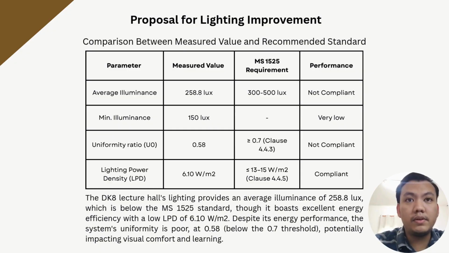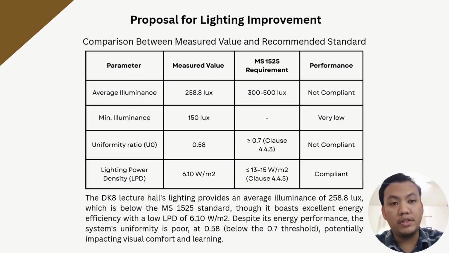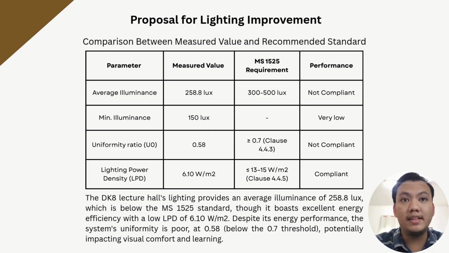Next, based on the comparison between the measured value and the recommended standard table, the DK8 lecture hall lighting provided an average illuminance of 258.8 lux, which is below the MS 1525 standard.